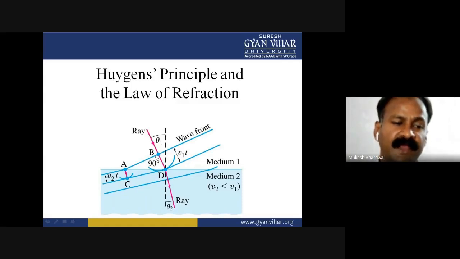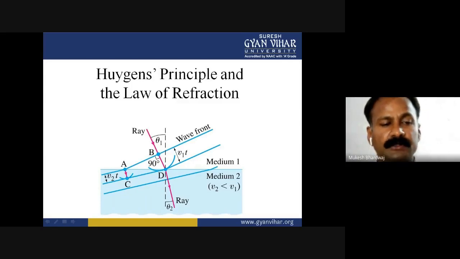The equations of the waves can be written as E1 equals E naught 1 sine omega t minus alpha 1 and E2 equals E naught 2 sine omega t minus alpha 2, where omega equals 2 pi nu, nu is the frequency of the wave, and k equals 2 pi by lambda, where lambda is the wavelength of the wave.